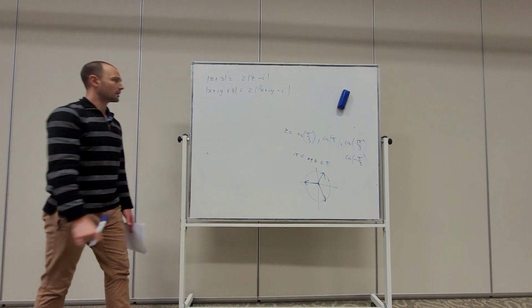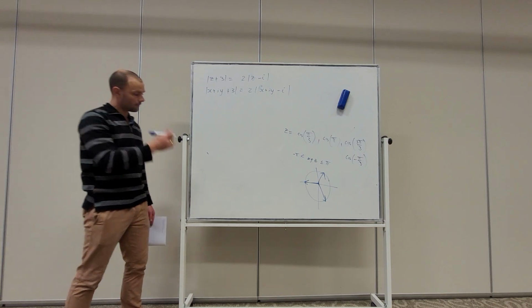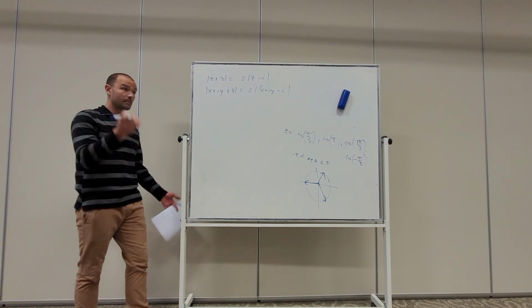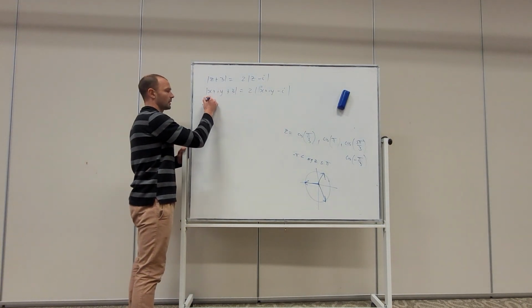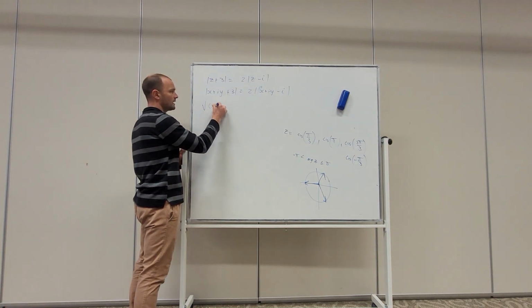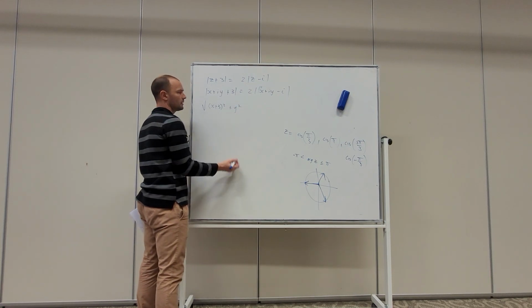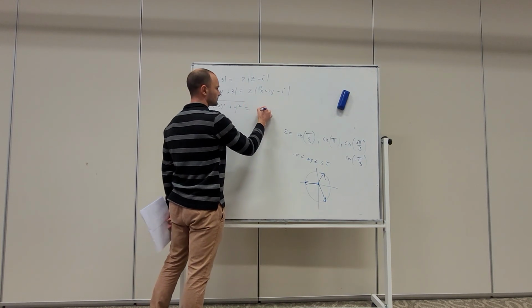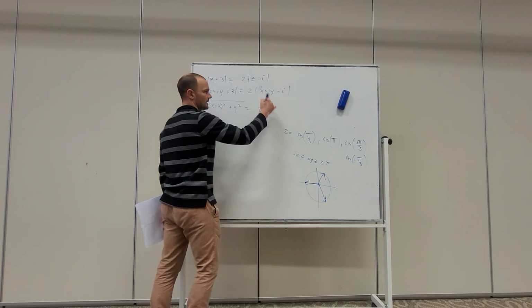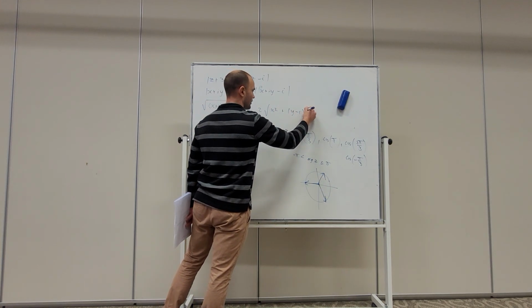Okay, and then what we're going to do is, well, modulus means the square root of the real component squared plus the imaginary component squared. So we can write that out as the square root of the real component squared, this is the real component, this is the imaginary component. And then same over here. The real component plus the imaginary component.